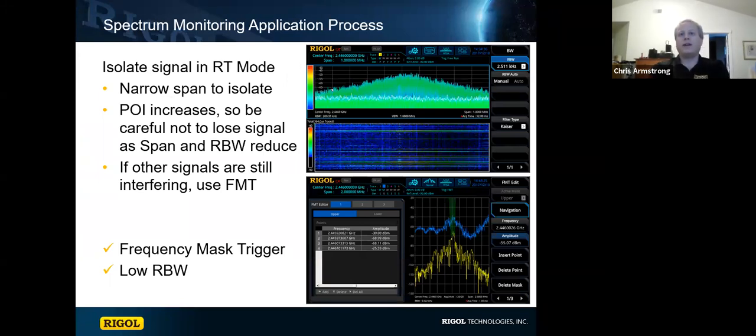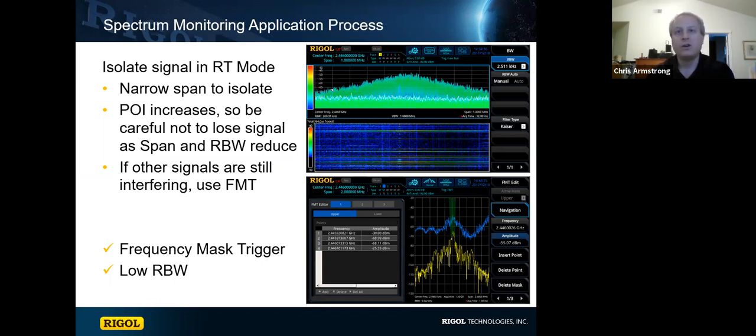So once I use those real-time techniques to isolate signals and look at high-speed interference signals, things that are bugging me, even really fast modulating or low duty cycle signals are pretty easy to catch with those capabilities.